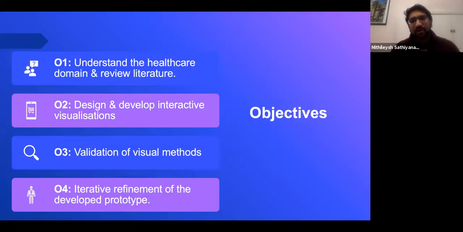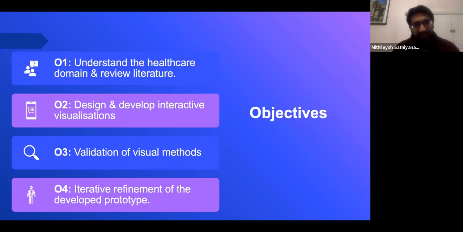As I mentioned, I try to project my industrial work more in terms of academic research. So I started coming up with certain objectives. First, we try to understand the healthcare domain, and we try to collect some literature review based on personal analytics and using visualizations. So that was objective 1. In objective 2, we started designing and developing interactive visualizations.